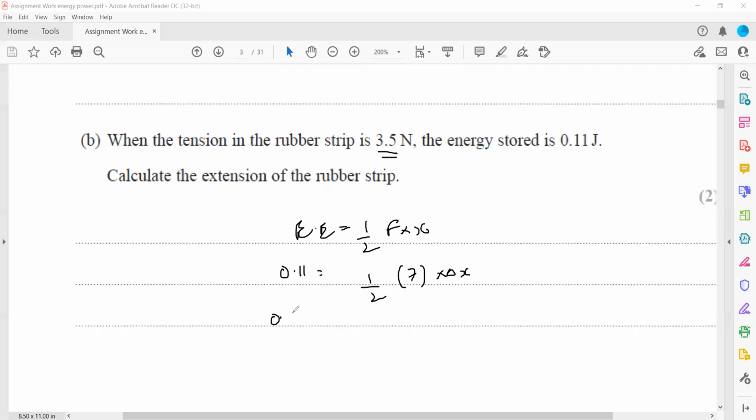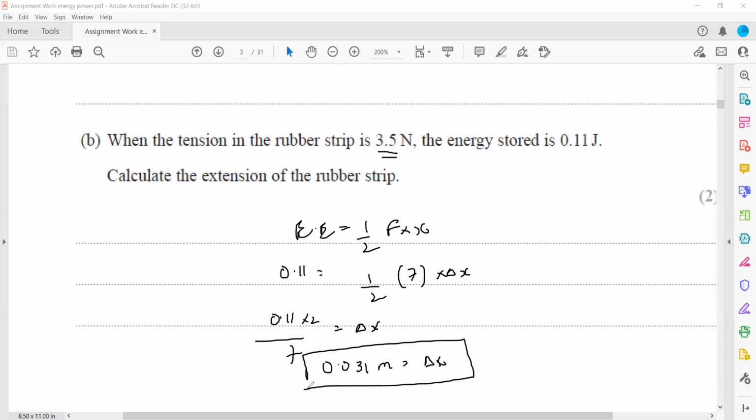So it will be 0.11 multiplied by 2 divided by 7 will be the extension. So 0.11 times 2 divided by 7 is equal to 0.031 meters. Is it clear how we find the extension, the change in the length?